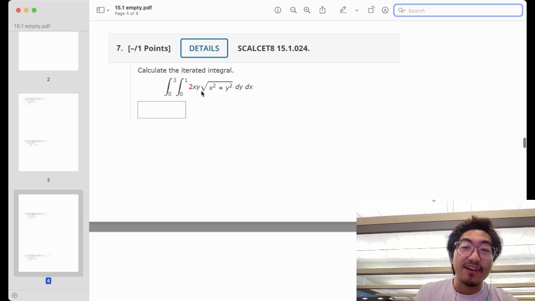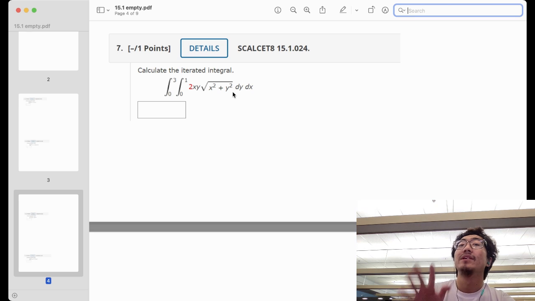It's the same thing. You need a chain rule, like a trick sub or whatever, in this case with x squared plus y squared. This is the first thing you do, a trick sub or any kind of substitution, to handle a more advanced integral. For the inner integral, y is a constant and x is the variable, and for the outer, y is the variable and x is a constant.